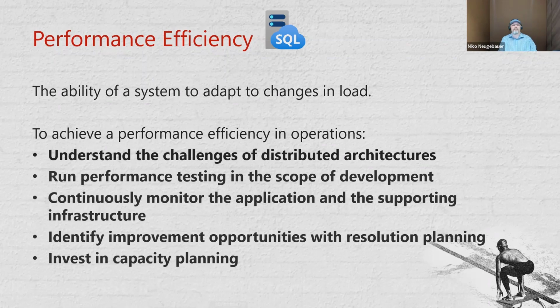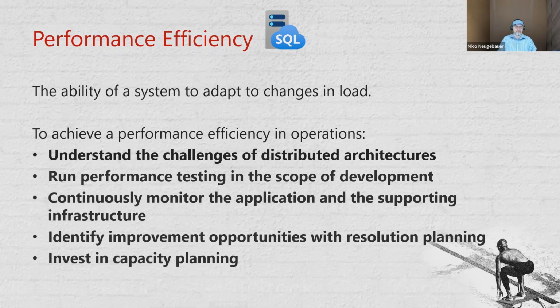Run performance tests, keep on monitoring, identify performance improvements, because if you're, let's say, running a 32 vCore managed instance and you monitor and you see you're using 30% of its resources, well, maybe you can scale it down. It will be a huge saving, something you cannot easily do in a regular data center.